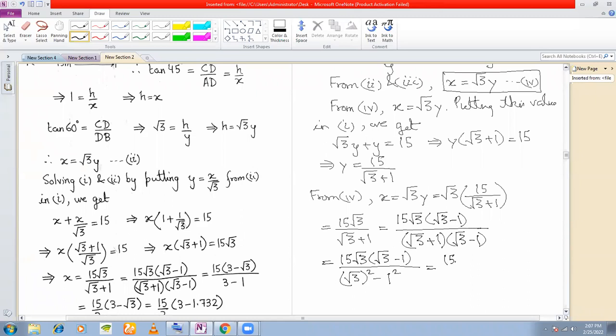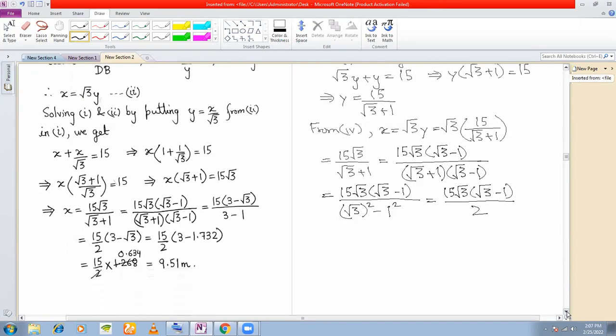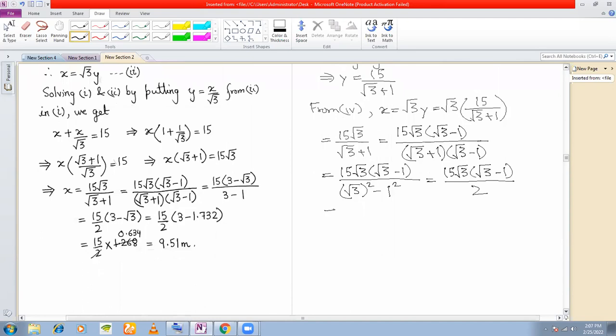So you have 15 root 3 into root 3 minus 1 divided by 3 minus 1, which gives you 2, right? Now you multiply only this single root 3 with this root 3. You keep 15 out as it is. So root 3 into root 3 will give you 3, minus root 3 into 1 which gives you root 3, divided by 2, right?